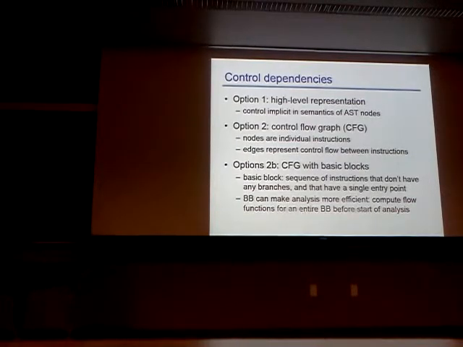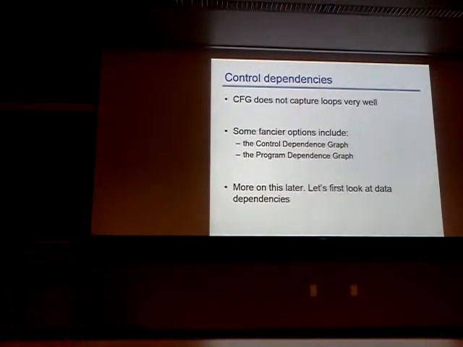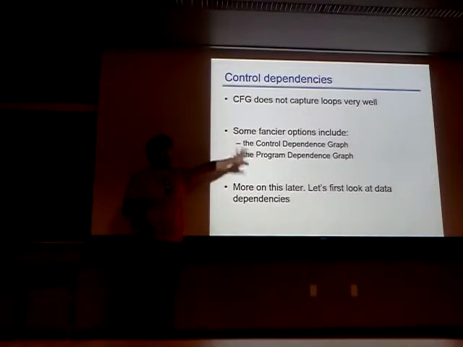There are more advanced options, like the control dependence graph and the program dependence graph, and we're going to see those later. They're very interesting, weird, advanced structures that nobody uses, but they're really interesting to understand because they're really, really cool. But their use in practice has been impeded by a variety of things, and we'll talk about that. So more on these more advanced things later.